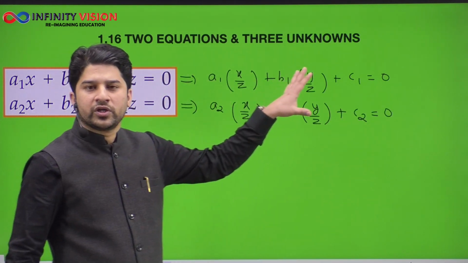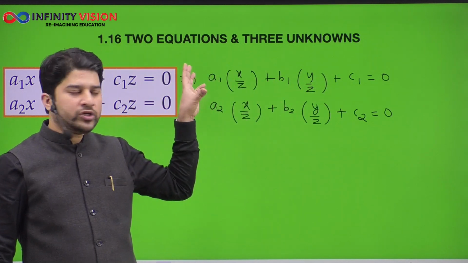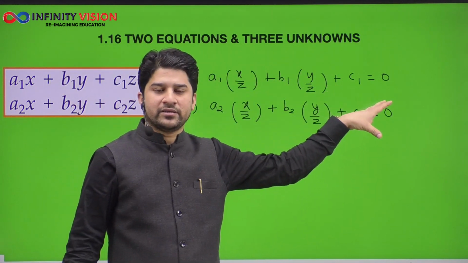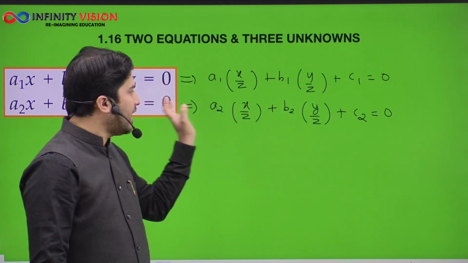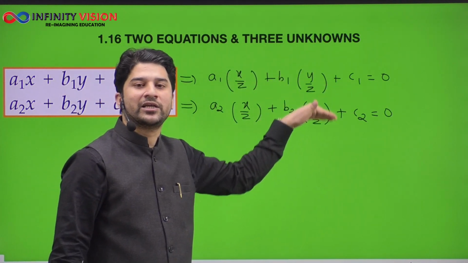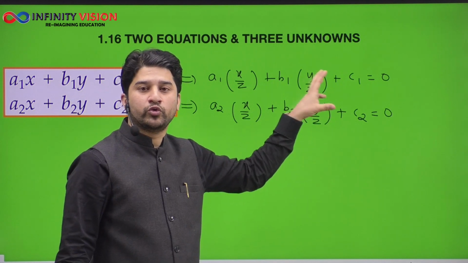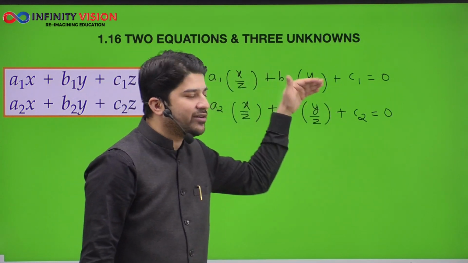Now, I have reduced these two equations into something like this. Definitely, I am not able to solve all the three variables, but I have reduced it to linear equations in two variables, where the two variables are x by z and y by z.